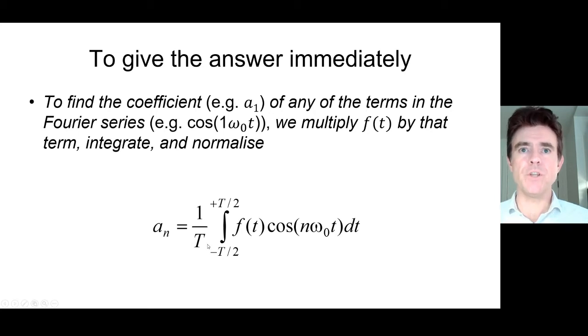So for example, if we wanted to find the coefficient for the term cos 1 omega naught t, in other words to find a1, then we take f of t, multiply it by cos 1 omega naught t, integrate over the period of the function, and then divide by that range of integration. So that is the answer for how we find any of the coefficients for any of the cosine terms.